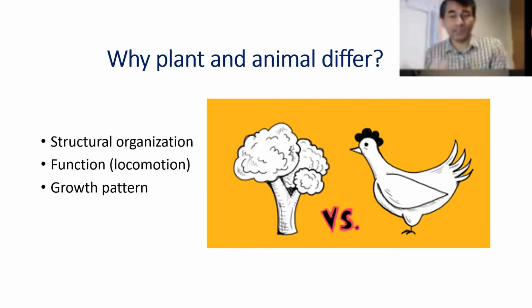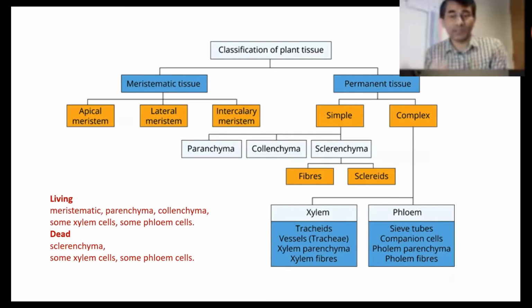So you can see this slide. This is a classification of plant tissue. So remember, there are two major classes of plant tissues. You can see in this chart, there is a meristematic tissue and there is a permanent tissue.